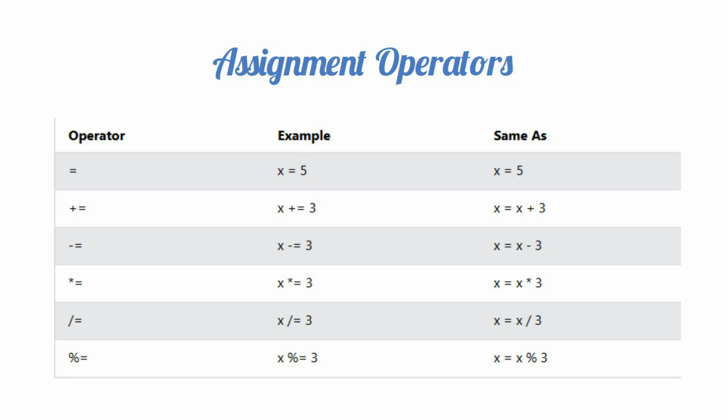This will be calculated as x equal to x minus 3. Next is x star equal to 3. This will be calculated as x equal to x into 3. Next is x divided by equal to 3. This will be calculated as x equal to x divided by 3. Next is x modulus equal to 3. This will be calculated as x equal to x modulus of 3.